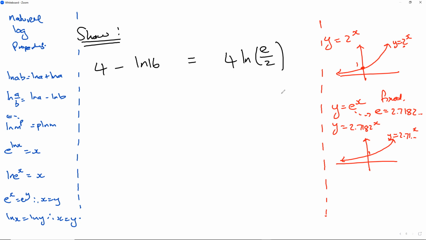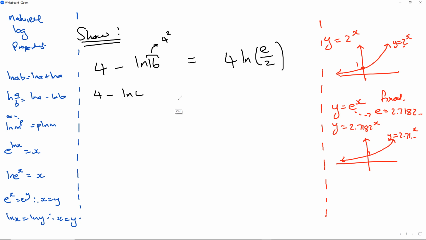Let's see. Treating it as a log, looking at the left hand side, I can change this into 4 squared, right? So I can write this as 4 minus ln 4 squared, and I can then take the power to the front, making it 4 minus 2 ln 4. I could also change this into base 2, and maybe that will be even better.